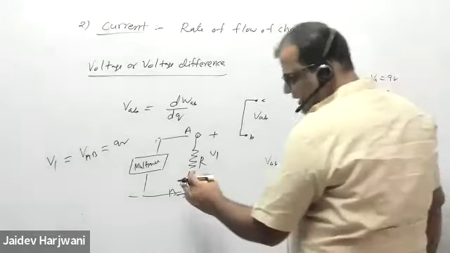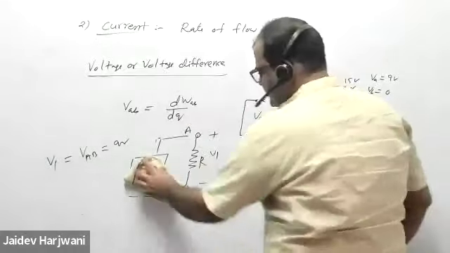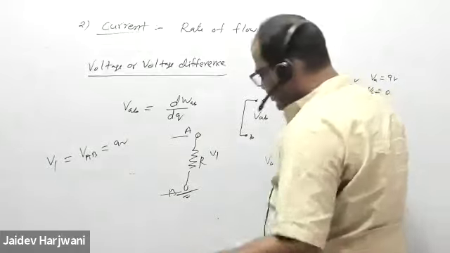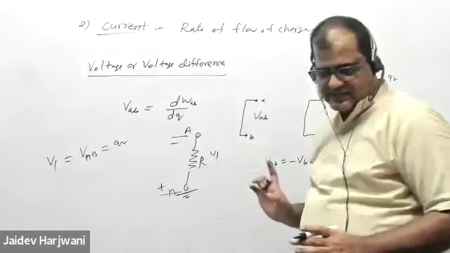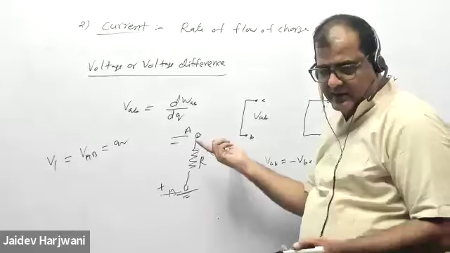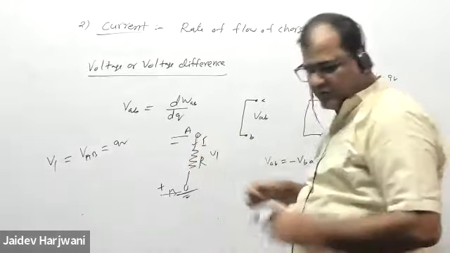Now in the same circuit, if I don't want to measure like this, and I want to measure the voltage of B with respect to A, I can put plus here and minus here. This plus minus is for measurement. It depends on which is the higher potential. If current is moving like this, this is the higher potential and this is the lower potential.